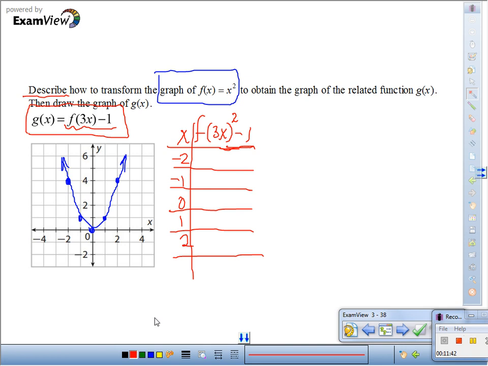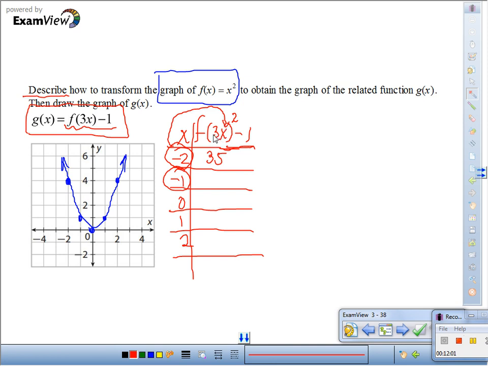All right. So, which means I'm going to take this -2, substitute that in here and multiply times 3, square it, minus 1. So let's see. What is -2 times 3? -6 squared is 36 minus 1, 35. Next value, -1. -1 times 3 is -3, my bad.